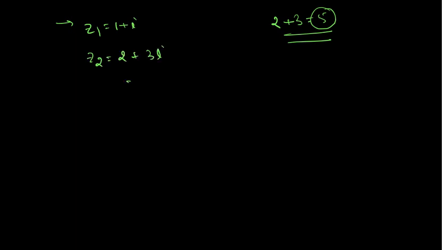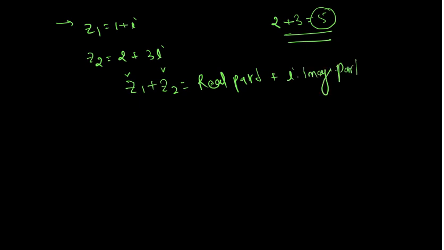If somebody asks what is the summation of these two complex numbers, then keep in mind the real part will get added, plus i into the imaginary part. So you add the real parts together and the imaginary parts together. In that case the answer will come as 3 and imaginary part i plus 3i is equal to 4i. So this is your answer.